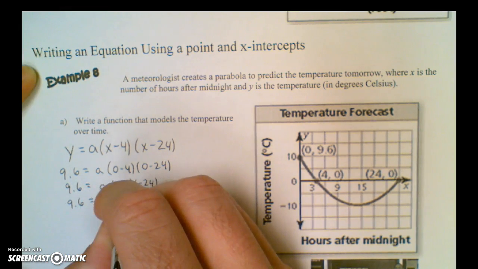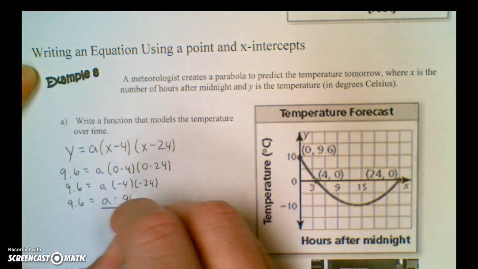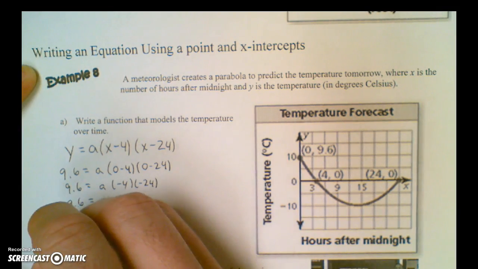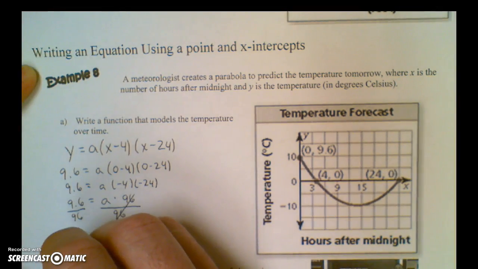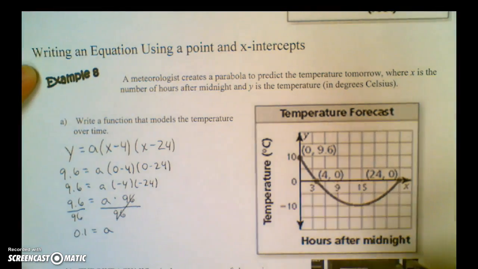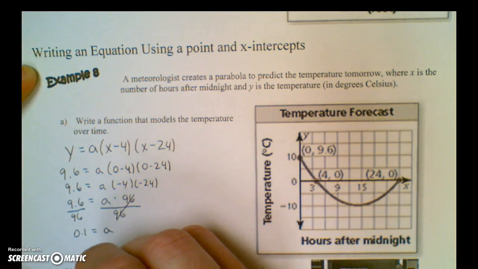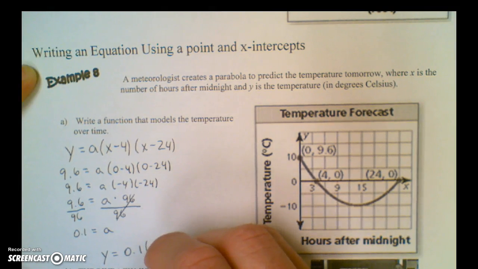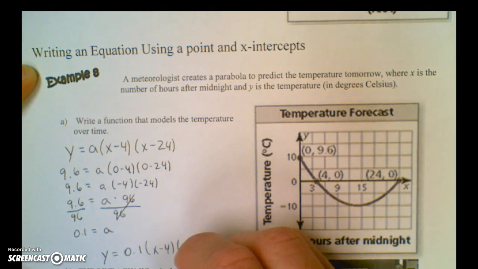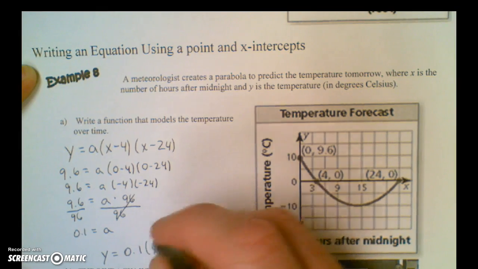So a times 96. Here I can divide by 96. 96 cancels, 0.1 equals a. Using that information, I can rewrite the equation: y equals 0.1 times (x minus 4) times (x minus 24), which will represent this equation.